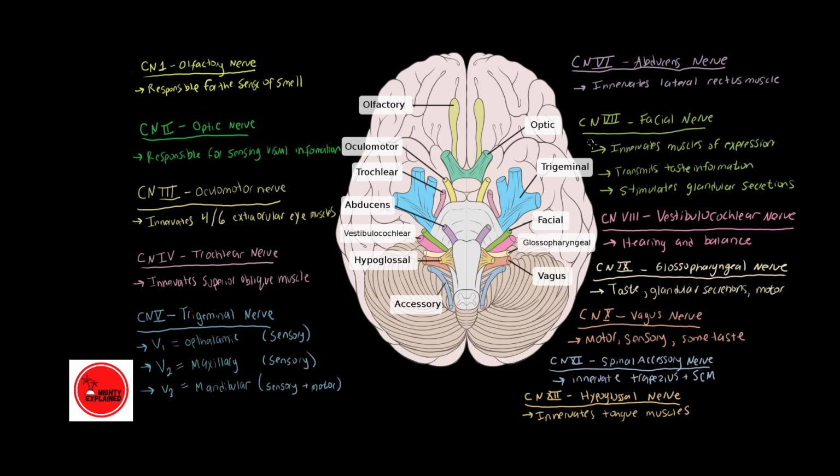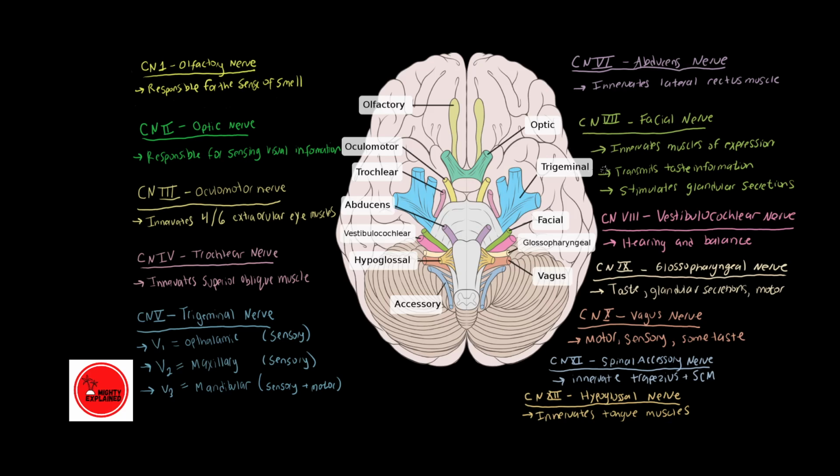So for these last 2 functions, the taste information and the glandular secretions, there are many caveats and many nuances when it comes to what part of the tongue is innervated by what nerve, but that's something that we'll dive into in a future video. So just know for now that the facial nerve is involved with innervating muscles of expression, taste information, and secretions.